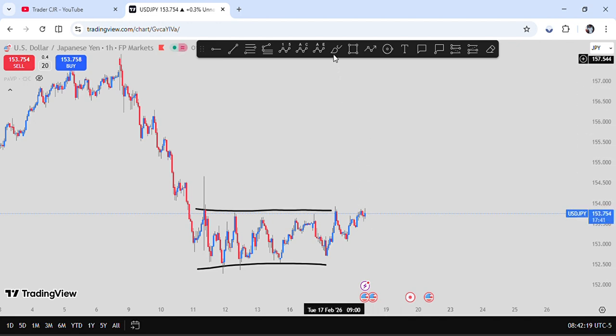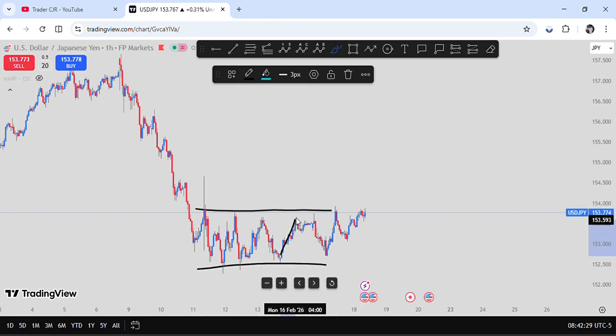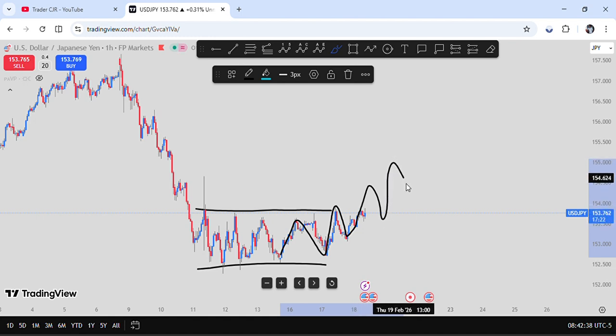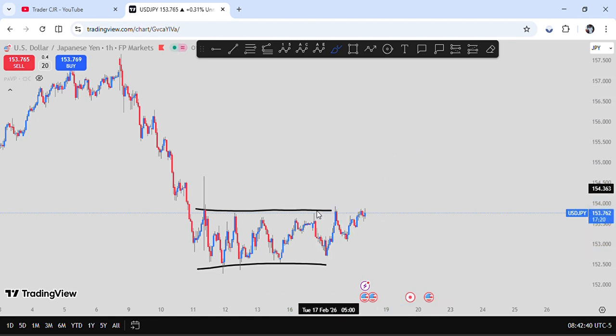I'm not in the trade, but why am I convinced that price can possibly break above? In this range, we had these rising higher highs and higher lows, and we can possibly have a higher high, a higher low, a higher high continuing upwards.